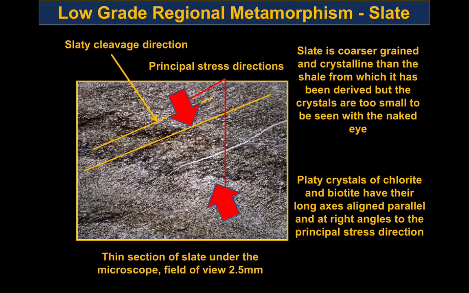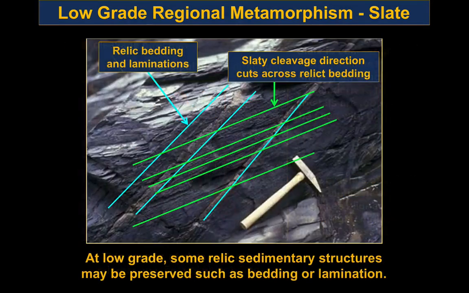All of which, of course, forms at right angles to the principal stress directions. Occasionally, we will see some remnants of the bedding from the original mudstone preserved in the slate. It's what we call a relic structure.